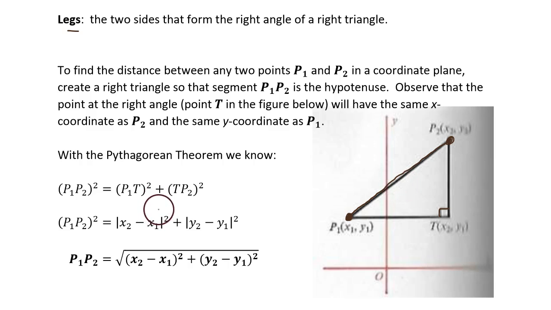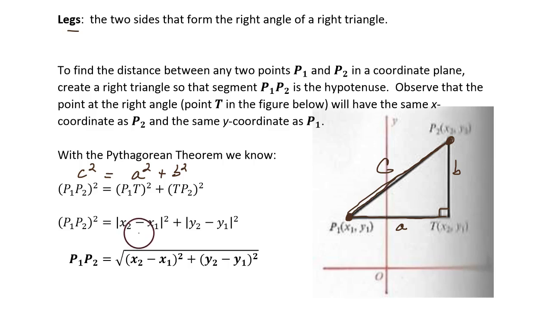Then, using the Pythagorean theorem, which is c squared equals a squared plus b squared, we can see that our diagonal side, which is the letter C, is P1, P2. And we can see that the bottom side, which is the letter A, is P1T. And we can see that the vertical side is from T to P2. We make those substitutions into our C and A and B.